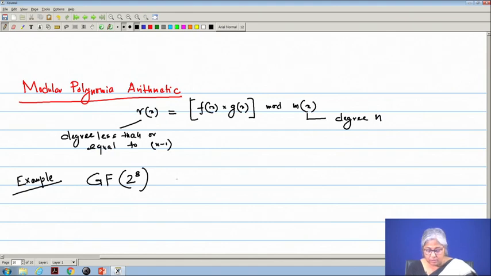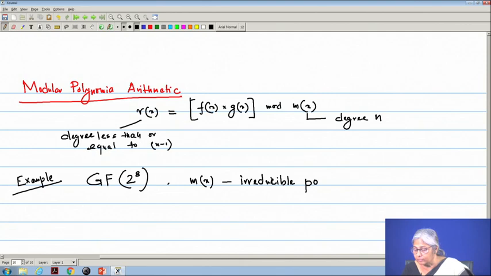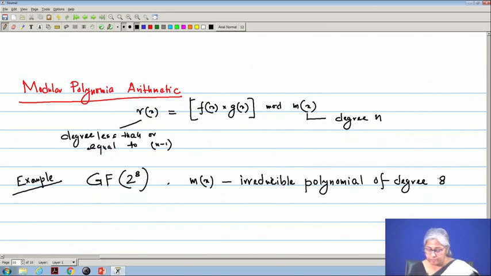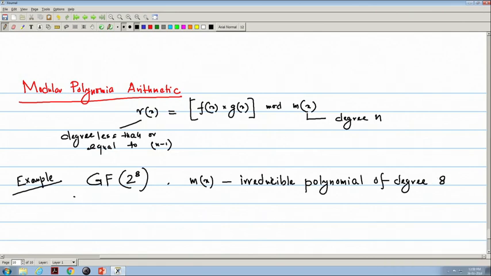We take m x as an irreducible polynomial of degree n, here n equal to 8, GF p to the power n, so p equal to 2, n equal to 8.